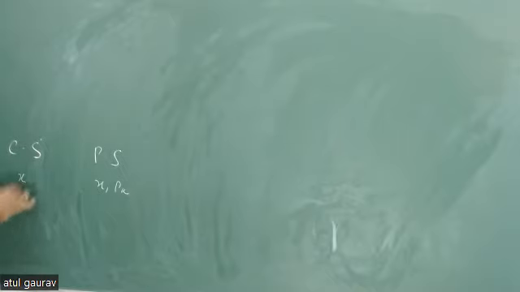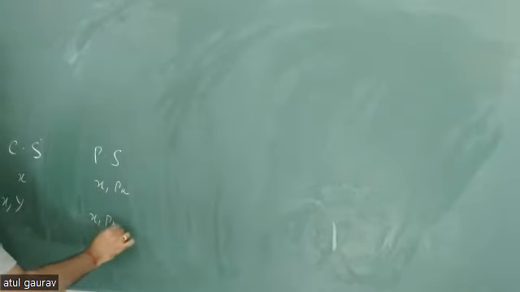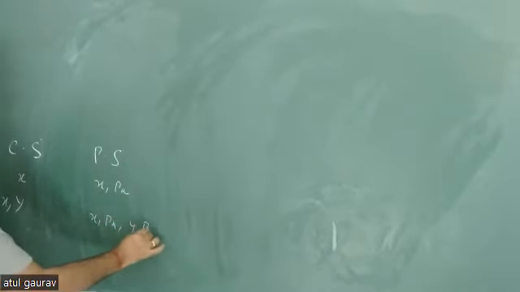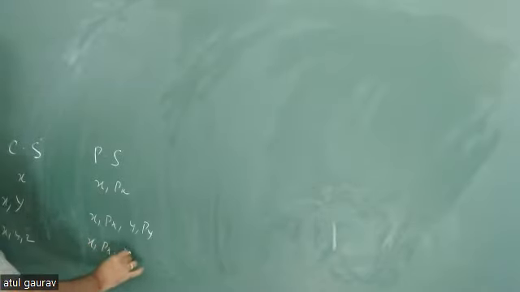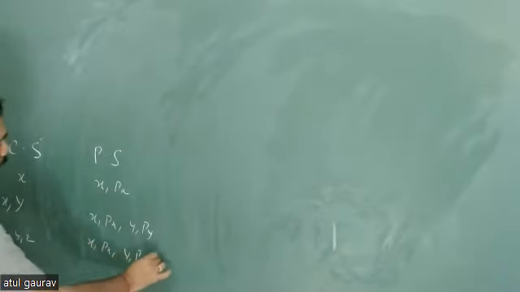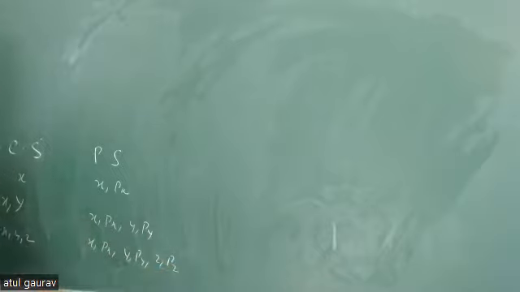Suppose for the configuration space is x and y, the phase space will be x, px, y, py. And here you have x, y, z, then this will be x, px, y, py, z, pz.